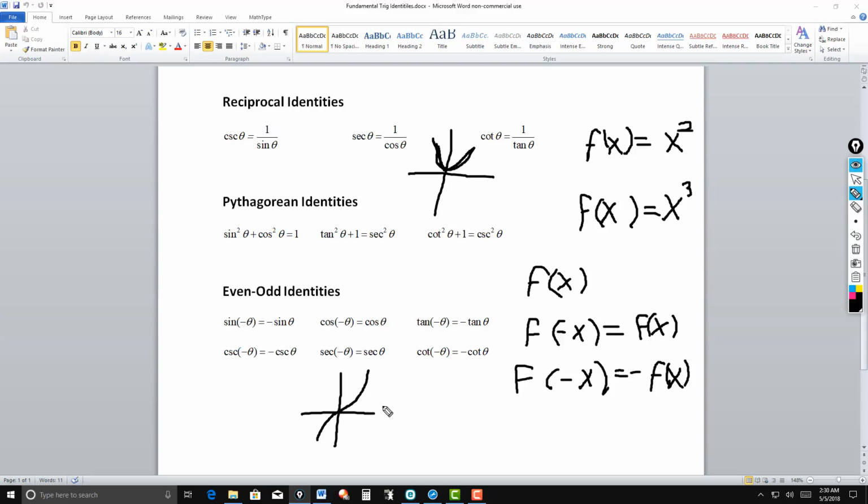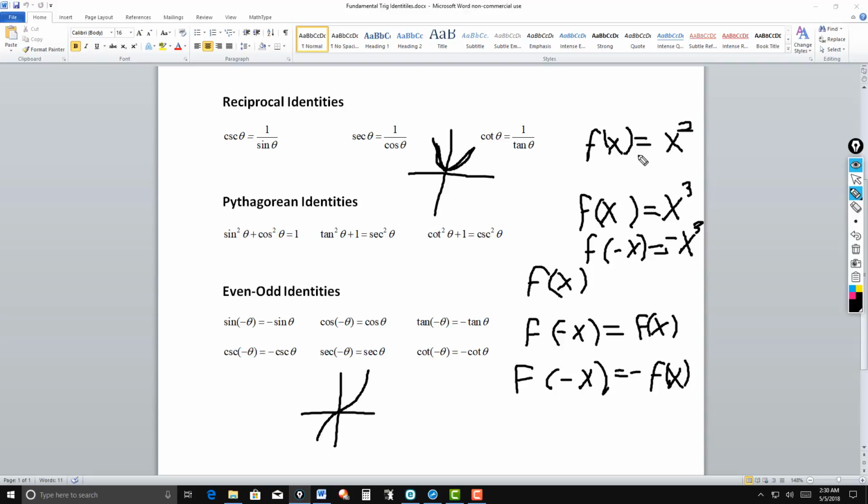So if I replace the x by minus x, notice on the other side that'll give me minus x to the third, but minus x to the third is still going to give me a negative x. So it gives me the same function back, except negative.